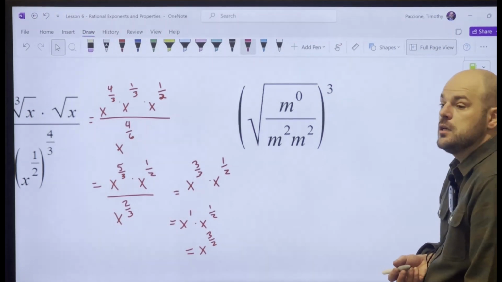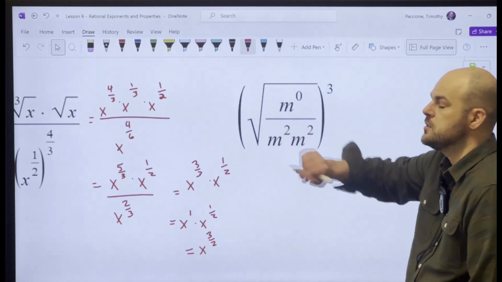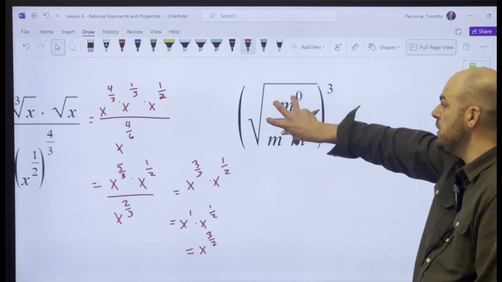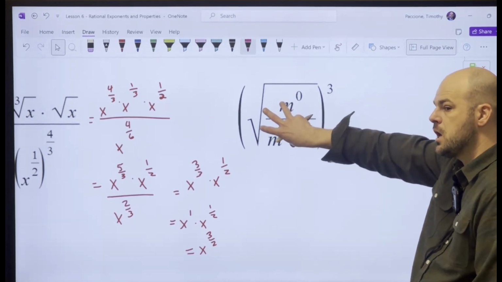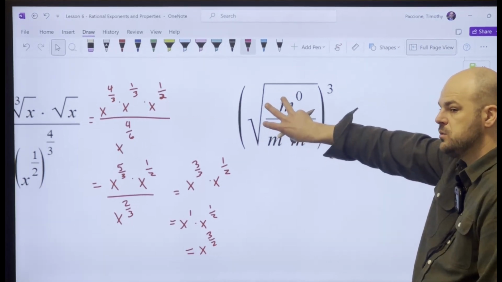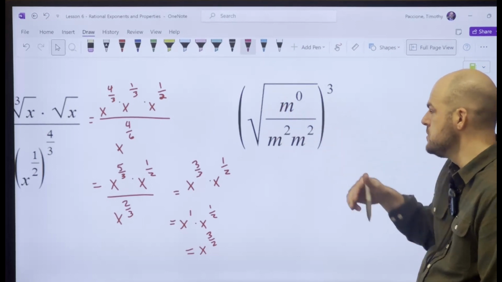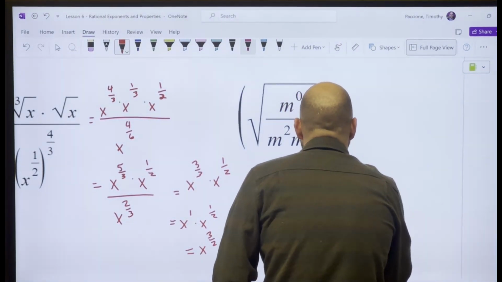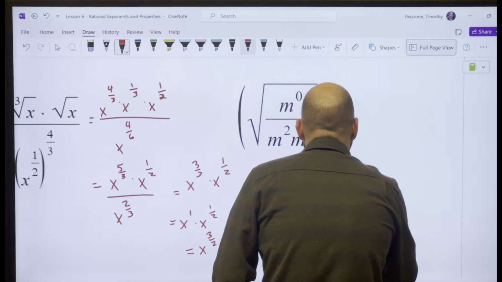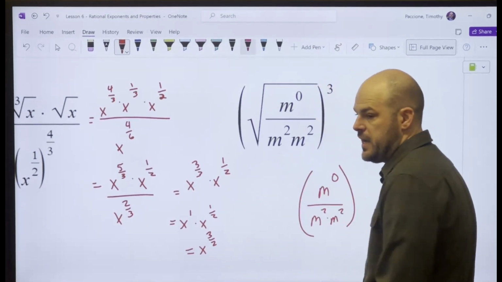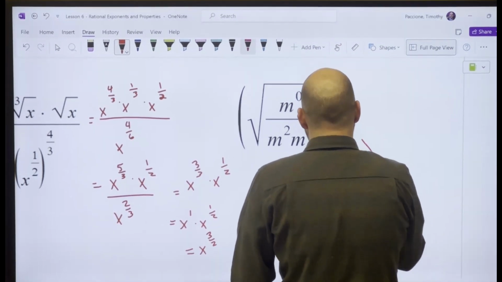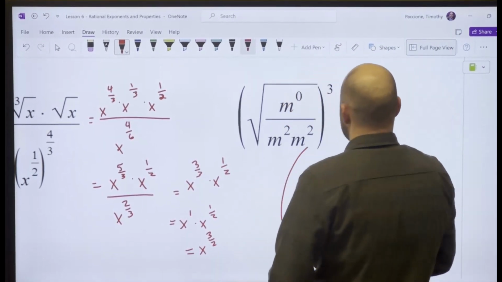Square root, right? There's nothing there, so it's second. Oh, yeah. So that means this whole thing is being raised to the, not 2, 1/2. So m to the 0 over m squared times m squared is all being raised to the 1/2. And then that's being raised to the third.